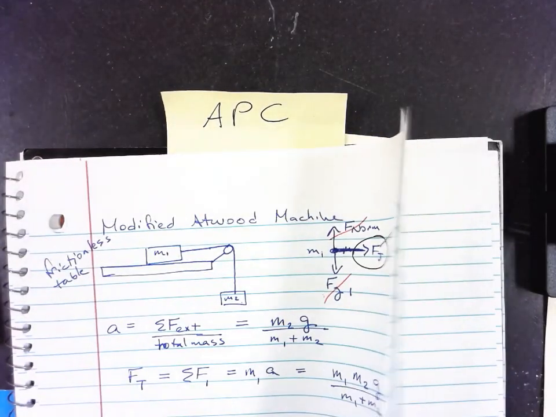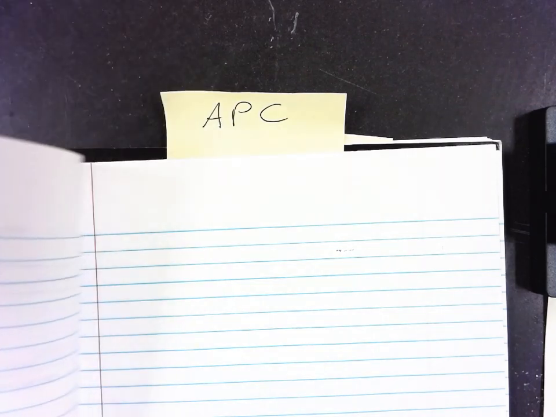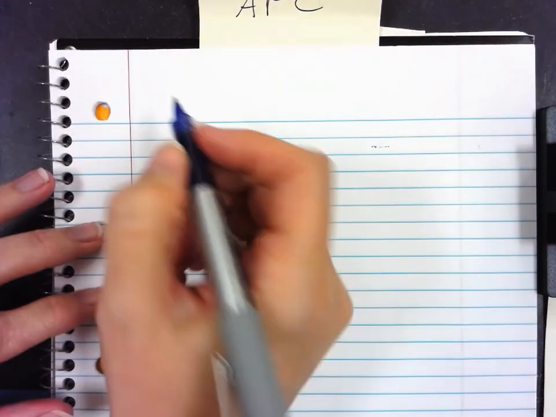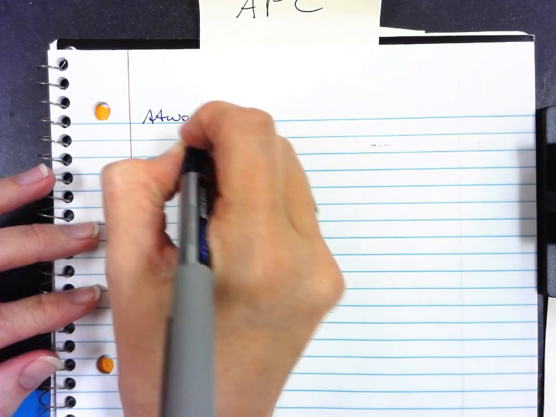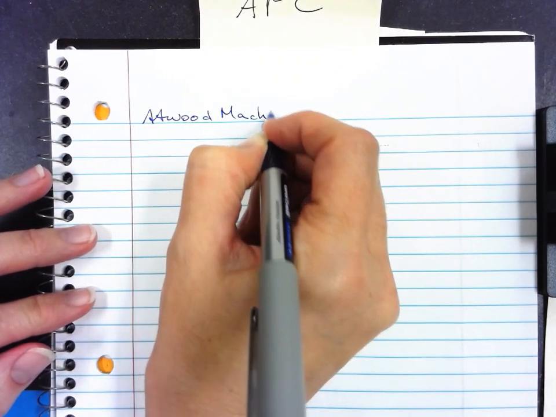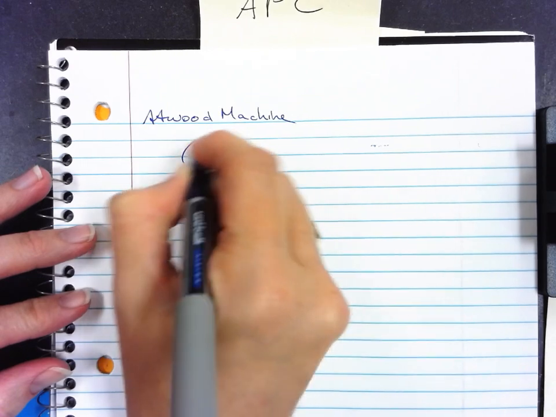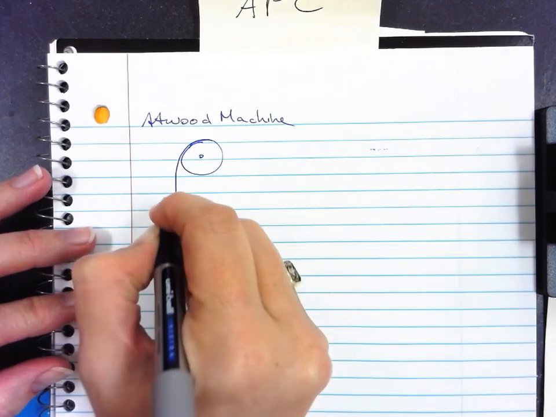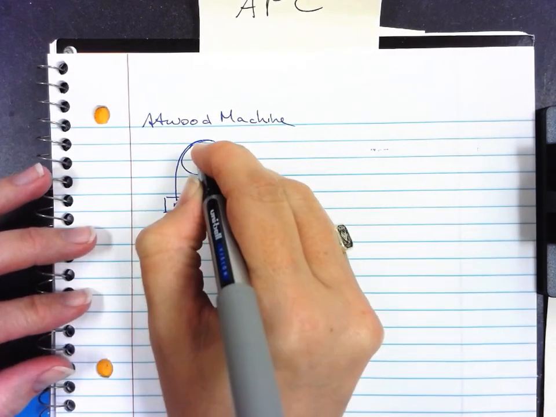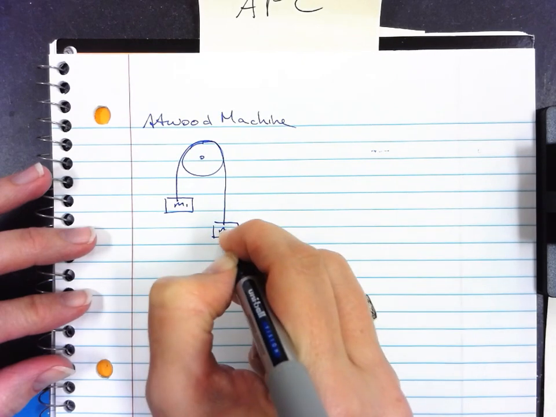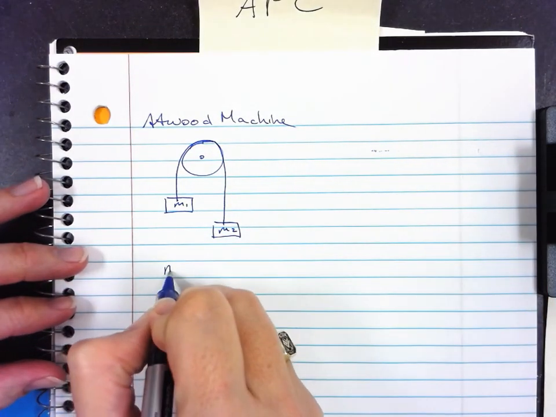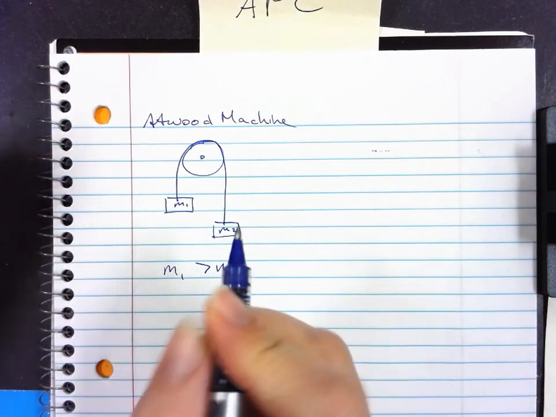So, if we do a full Atwood machine, or just the word, Atwood machine, this is like in the lab. We have a pulley, we have M1, we have M2. Let's make M1 bigger than M2.